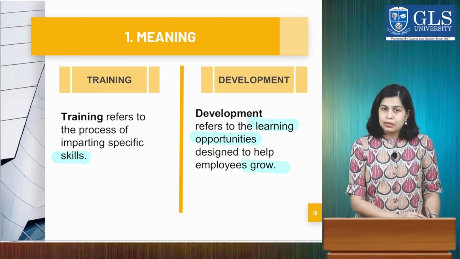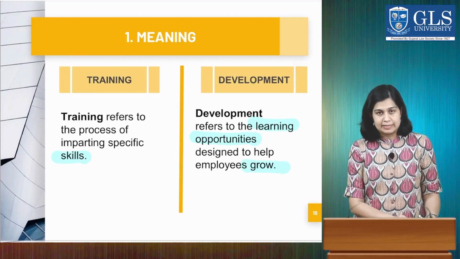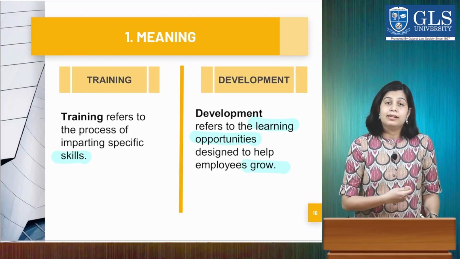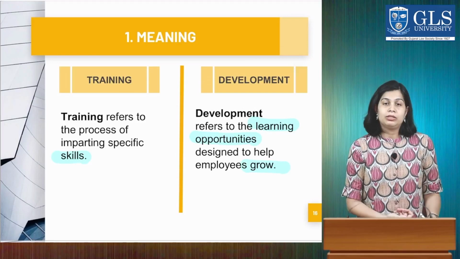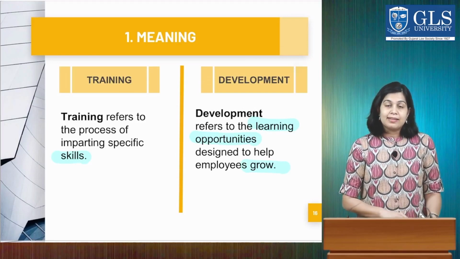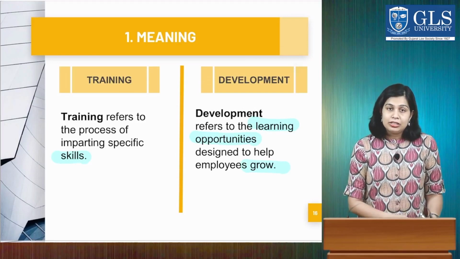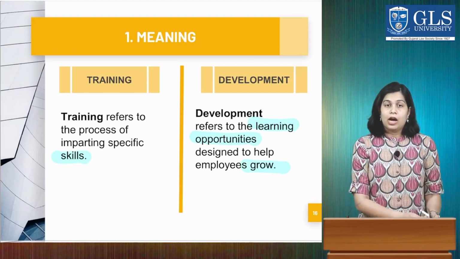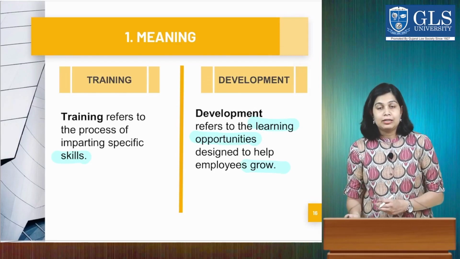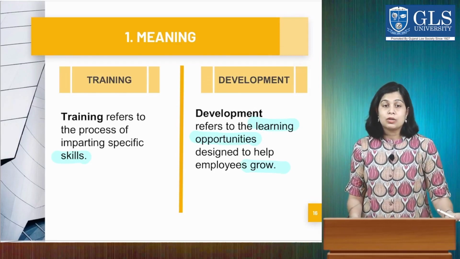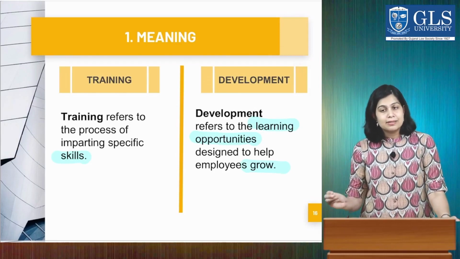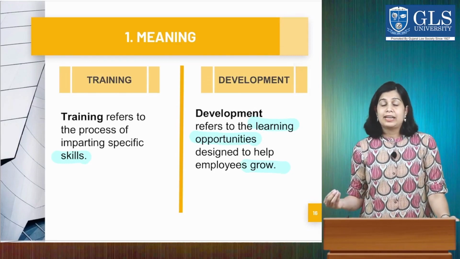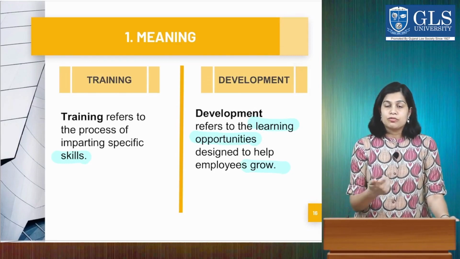Let's say a worker has joined a new organization, so you have to teach them how to work on a machine, right? That is training. How to start a machine, how to handle equipment, how to handle raw material, how to put raw material into the machine. These are some specific skills required. Technical skills, as we can call them.